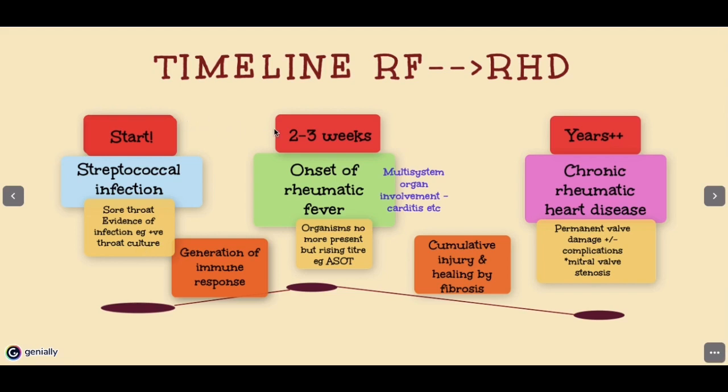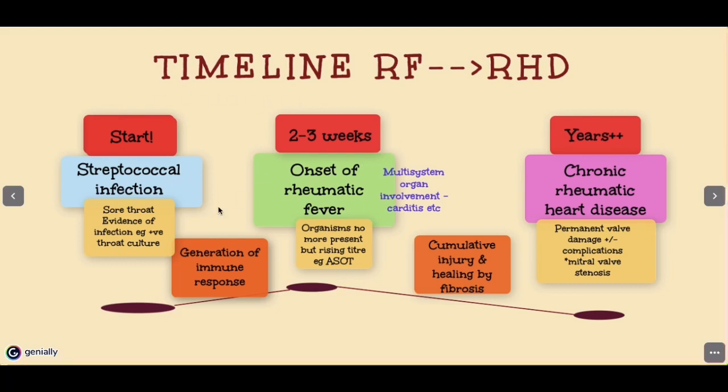So 2 to 3 weeks is the characteristic duration required for the generation of immune response. So after 2 to 3 weeks, this is the onset of the rheumatic fever, which is a multi-system organ involvement such as carditis, arthritis, etc. So at this point in time, the organisms may no longer be present, but we may be able to demonstrate a rising titer, such as the ASOT.